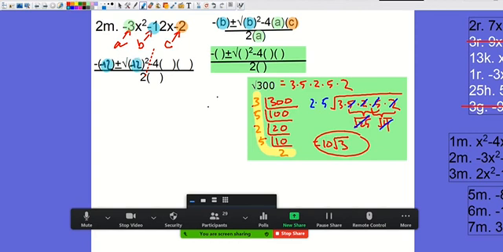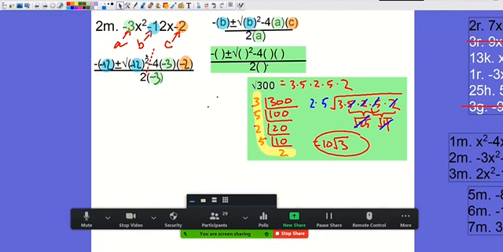Your A is going to be where your green highlights are, right here and here. And your C is going to be where the orange highlights are, right here.